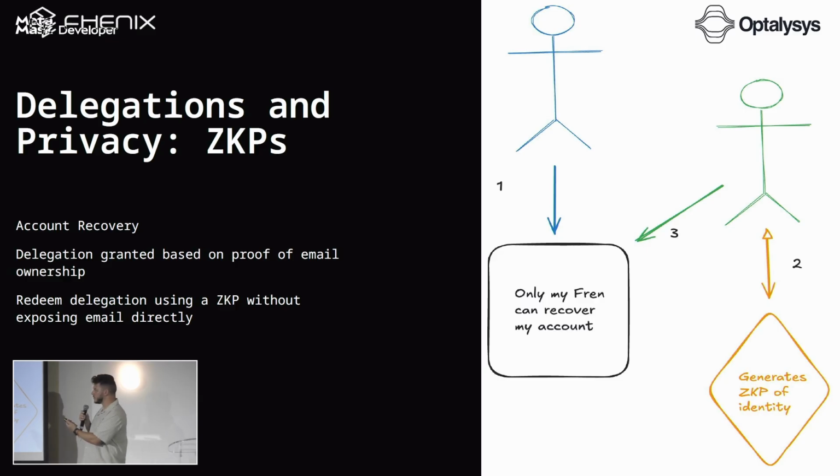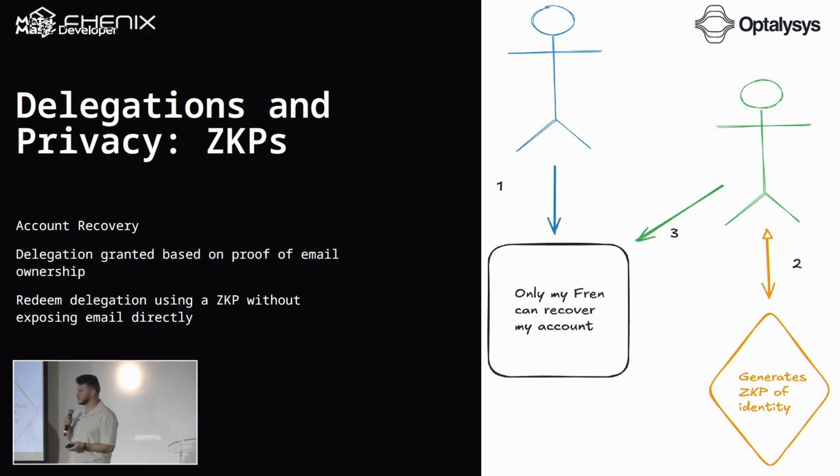So one thing we could do is the user could say, hey, this email address can recover my account, right? And it could be a ZKP email address. So this email address can recover my account, and then their friend, or maybe it's their email address or whatnot, they prove that they have this email address, and then they can inject it into the transaction.